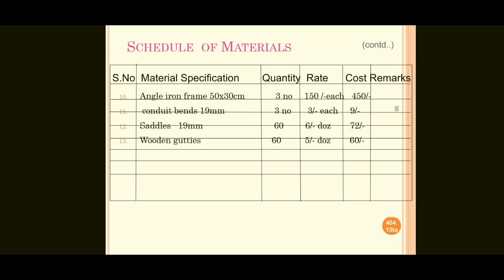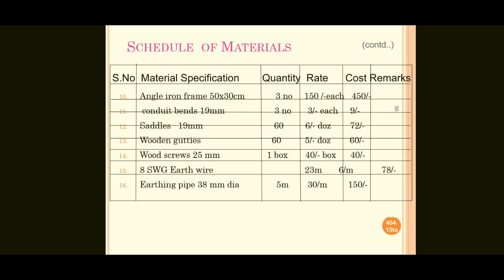Wooden gutties, 60 quantity, 5 rupees a dozen, so the cost is approximately 60 rupees. Wood screws, 25, one box, 40 rupees per box, so the total cost becomes 40 rupees. 8 SWG earth wire, 23 meters, 6 rupees per meter, so the total cost becomes 138 rupees.